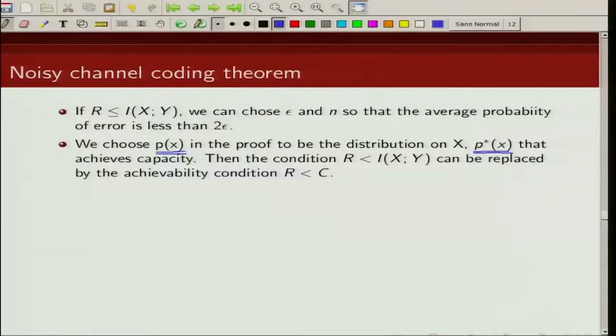Now we can choose our P of x such that it maximizes mutual information. So we can choose a distribution, I am calling it P star x, that will achieve capacity. Then the condition R is less than mutual information can be replaced by the condition that R is less than capacity.